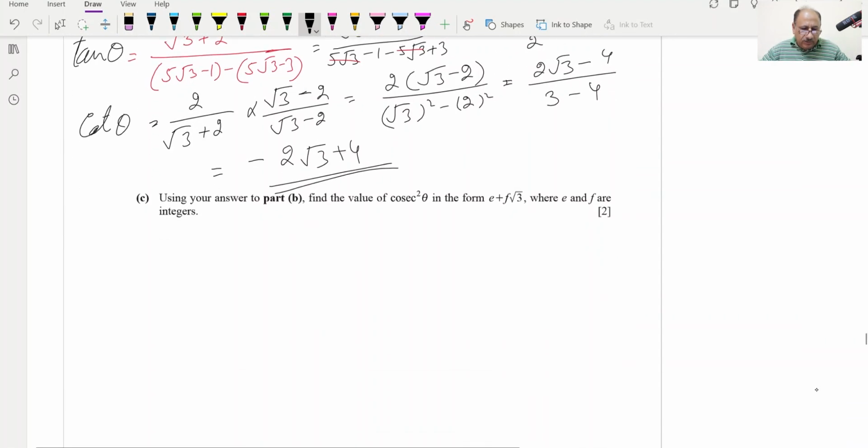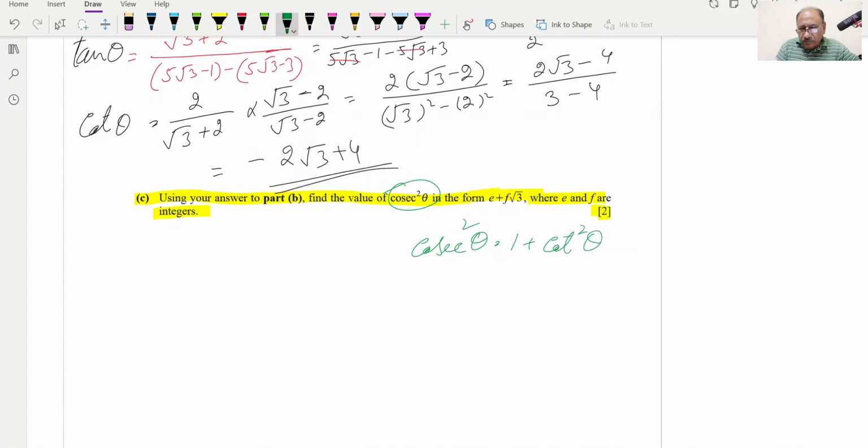C part, using your answer to part B, find the value of cosecant square theta in this format where E and F are integers. This is a 2-mark question. So the formula, cosecant square theta we know is equal to 1 plus cotangent square theta.